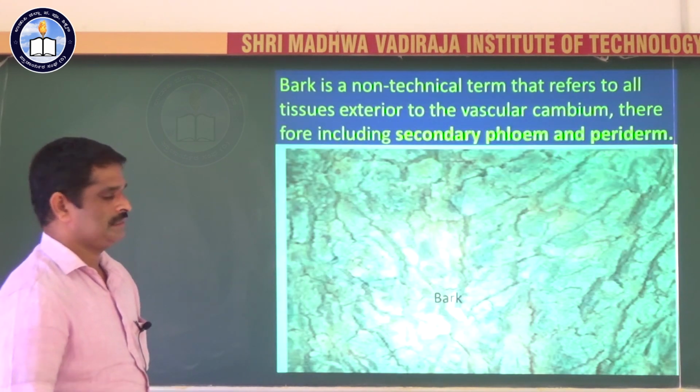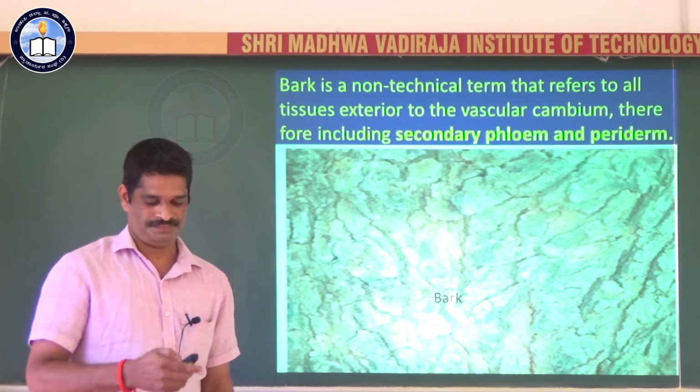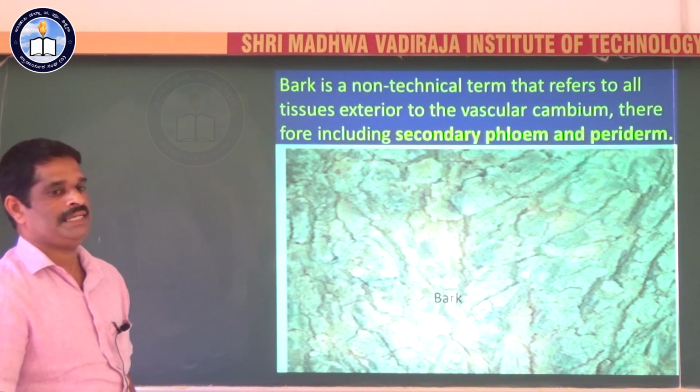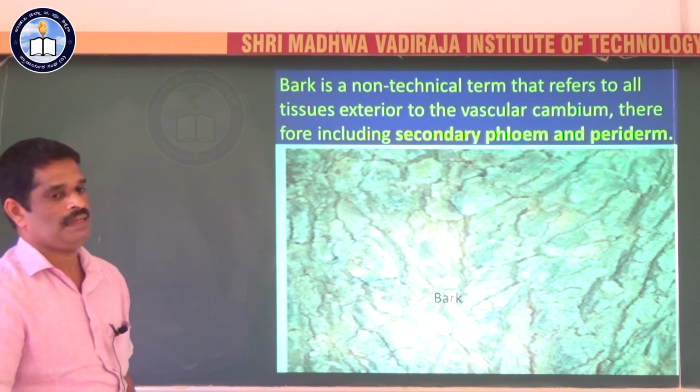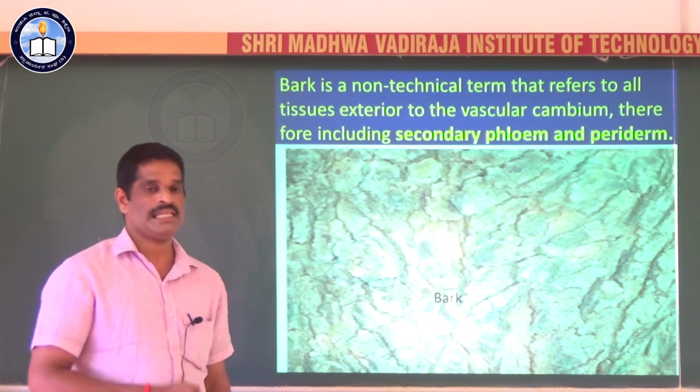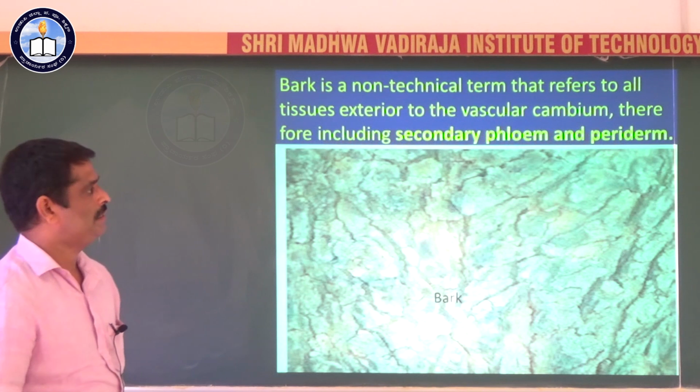What is bark? Bark is a non-technical term. All the tissues lying outside the vascular cambium are called the bark. Whatever tissues are present outside the vascular cambium are referred to as the bark.